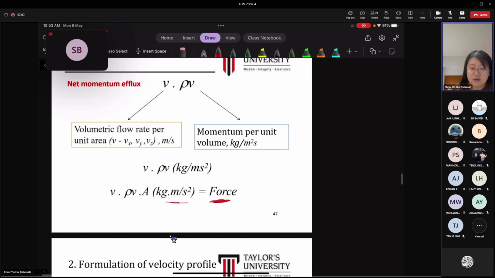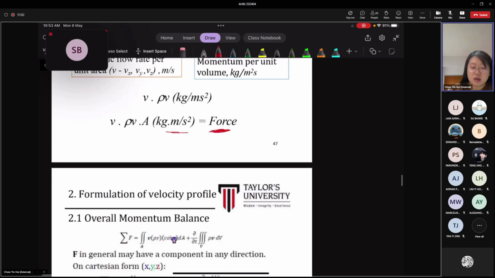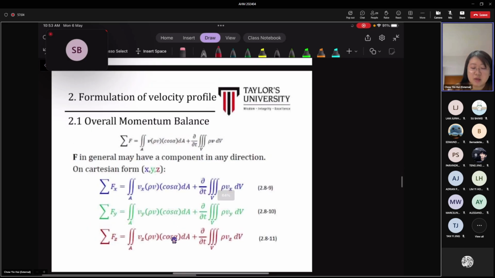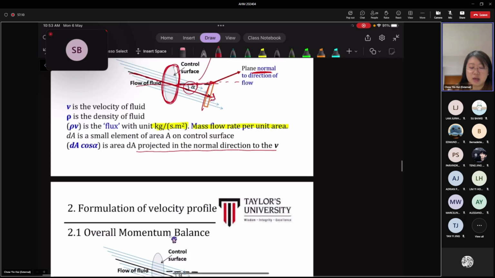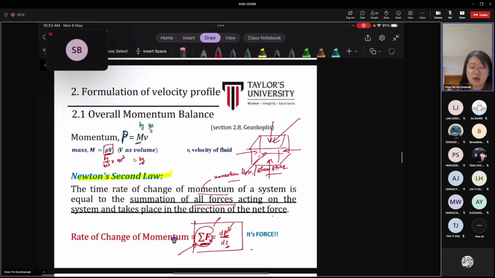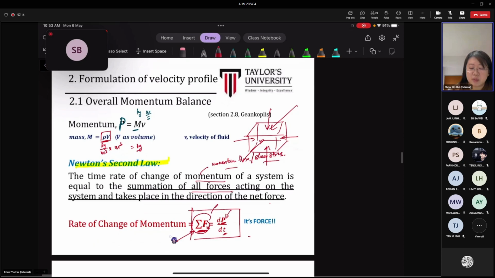Now for this sum of forces here, if you recall Newton's second law, let us look at it. The time rate of change of momentum, dp over dt, equals the summation of all forces acting on the system that take place in the direction of the net force.